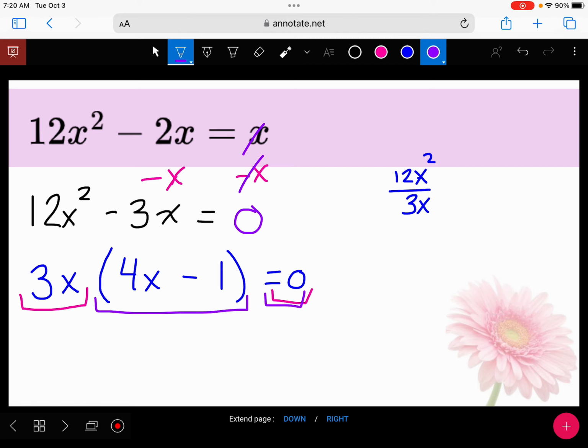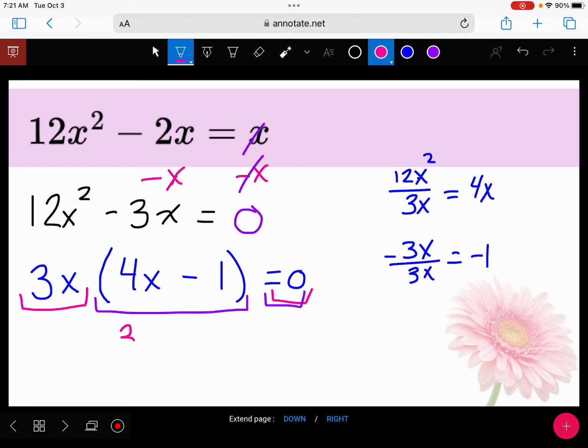That came from us dividing the minus 3x that's here by the 3x we pulled out as a GCF. So this gave us our 4x. This gave us the minus 1. Okay, cool. So to find our solutions, we look at each of our factors individually.